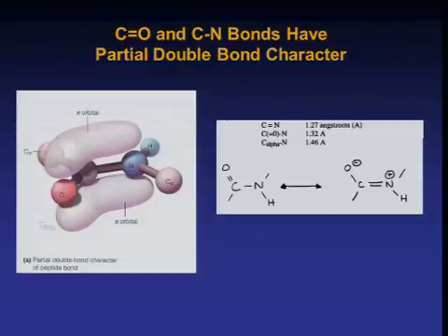If you look at the bond length, all right, if you have a carbon and nitrogen with a double bond, that's 1.27 angstroms. When you look at a normal amide bond between a carbon that's part of a carbonyl group and a nitrogen, that is 1.32 angstroms.